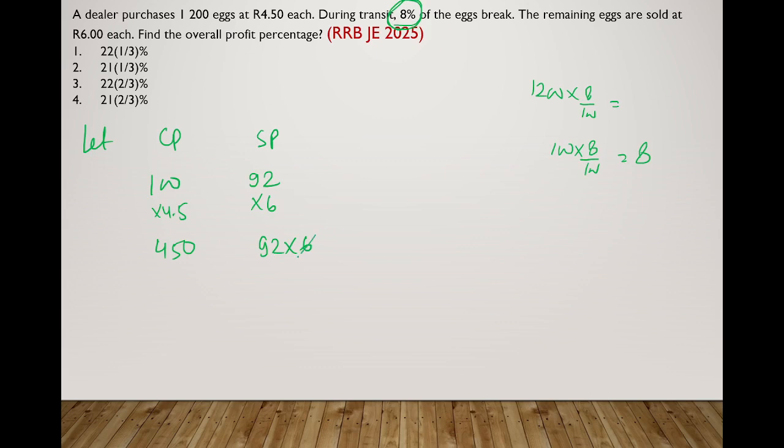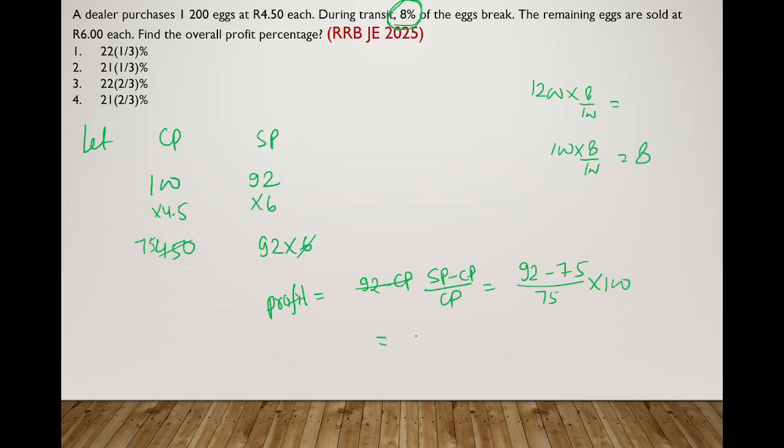So 92 into 6 is 552 and CP is 450. So find the overall profit. Profit is SP minus CP, divided by CP. So SP is 552 and CP is 450, and overall CP 450 into 100.